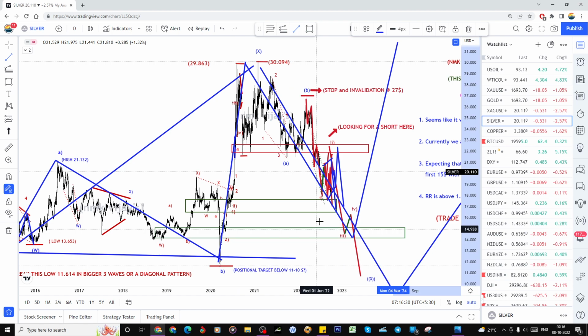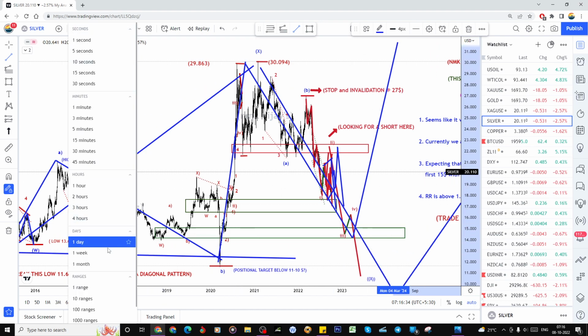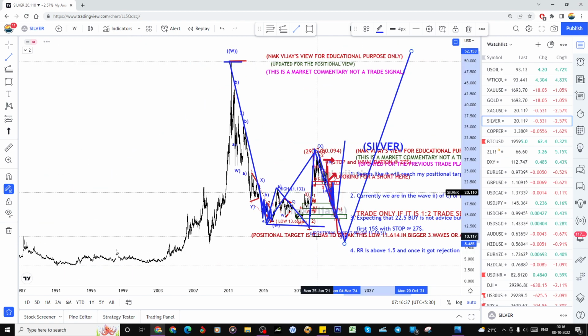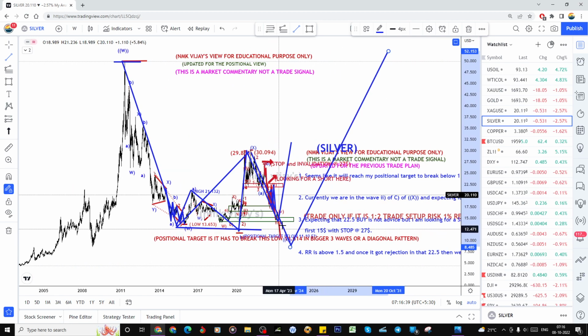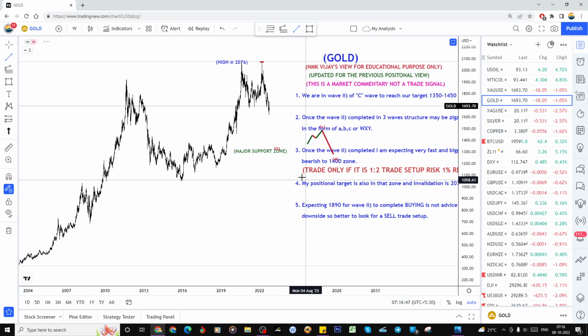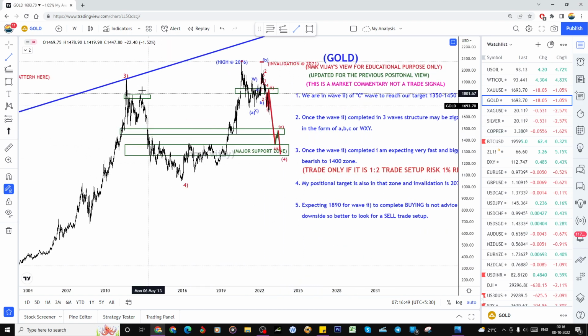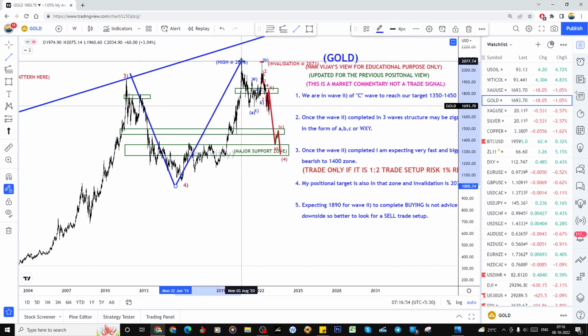As a trader, we need to look for sell or buy, but as an investor, if silver reaches this zone, 11 or 14, just keep on buying. I'm expecting once gold reaches this 1400, this could be the fourth wave, 1, 2, 3, the bigger fourth.